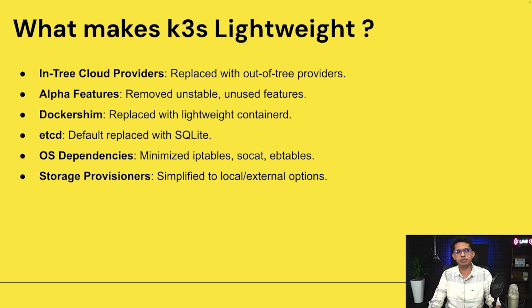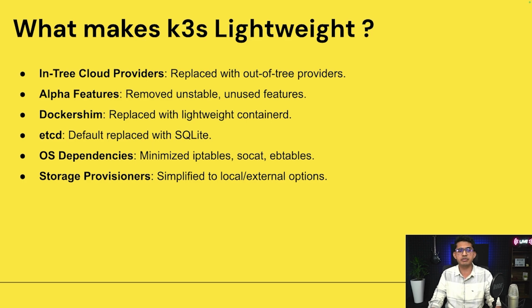As you know, Kubernetes provides a few in-tree cloud providers, plugins for AWS, Azure, GCP, and other things. What K3s has done is remove those parts completely from the Kubernetes code base and give you options to use external plugins and providers, which we can just plug and play in our existing K3s architecture, thus making the code base really lightweight.